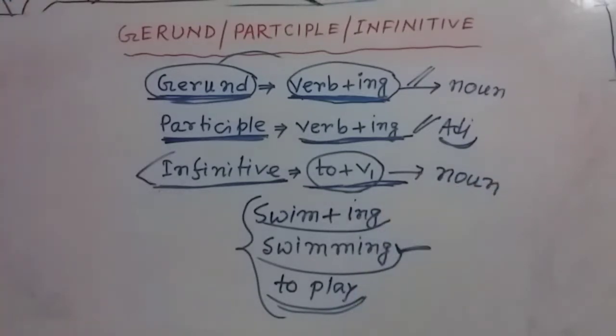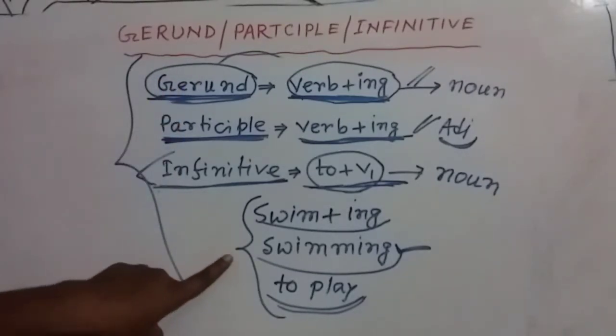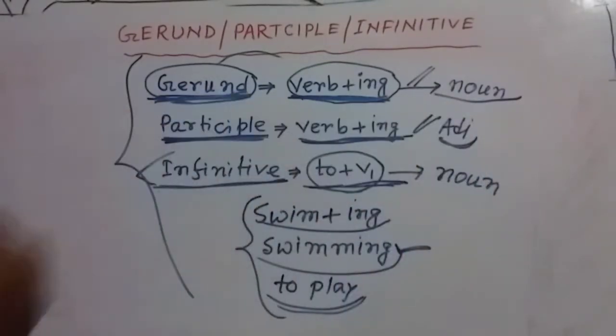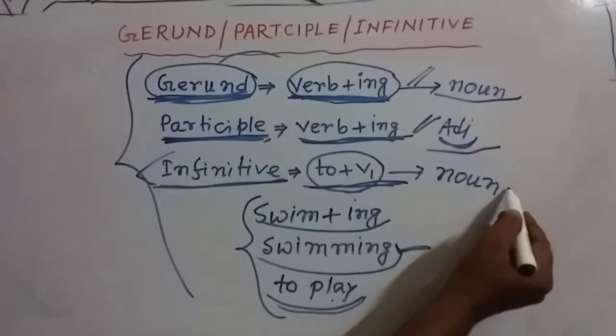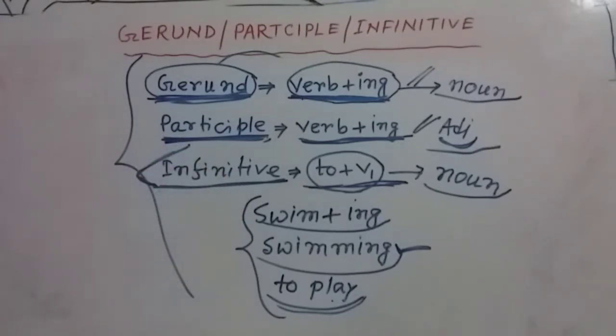That time we call it an infinitive. So my dear friends, from this section it is clear that verb with ing used as noun is called gerund. Verb with ing used as adjective is called participle. And to plus present form of verb acting like a noun is called an infinitive.